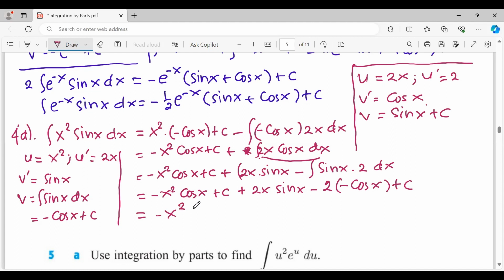Minus x squared cosine x plus 2x sine x plus 2 cosine x plus c.